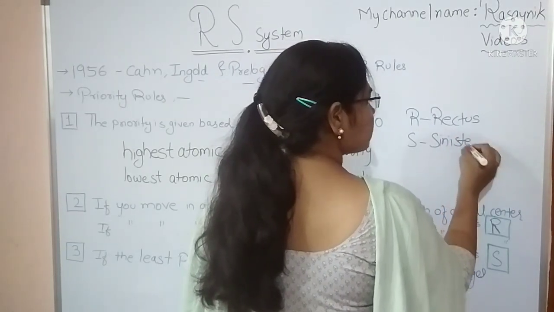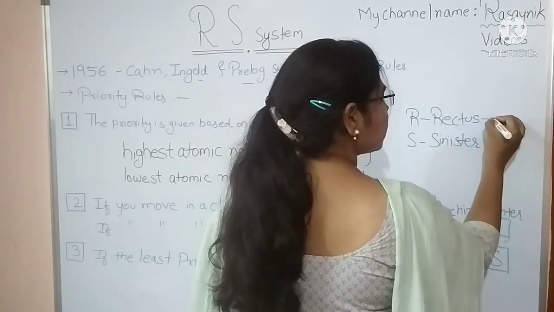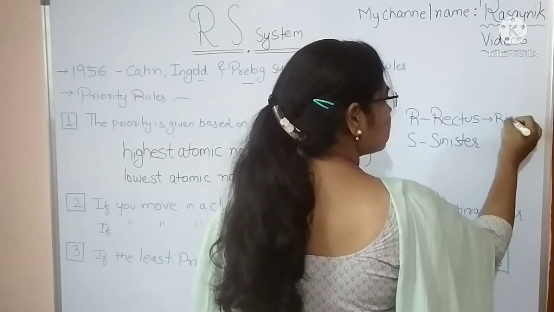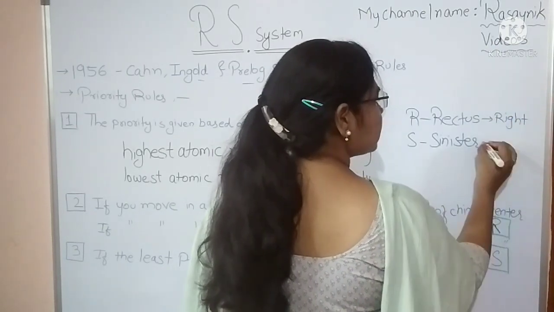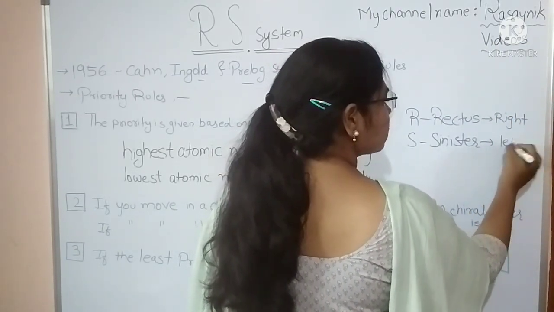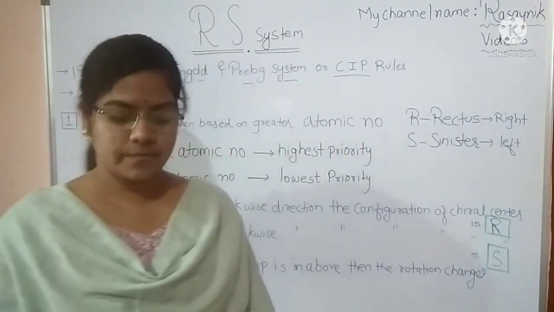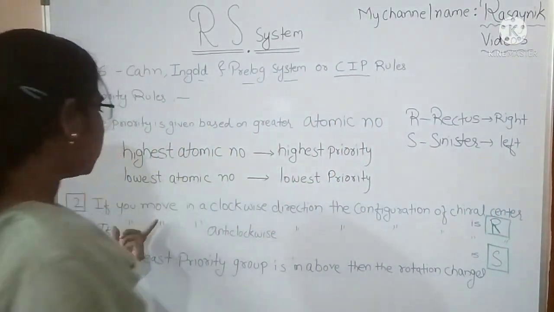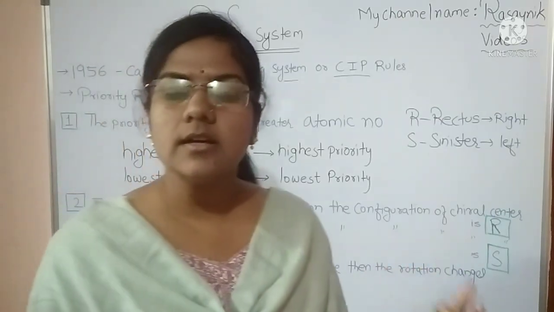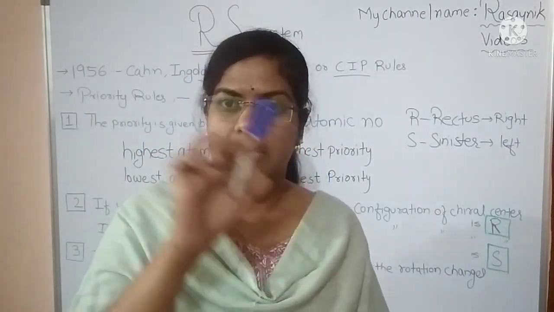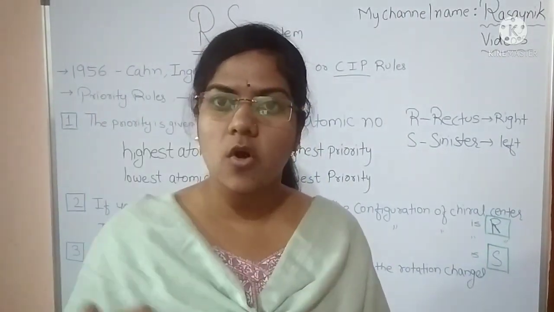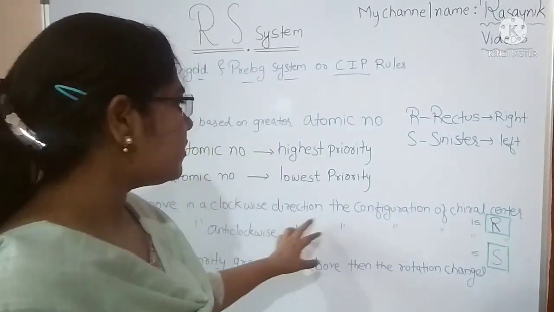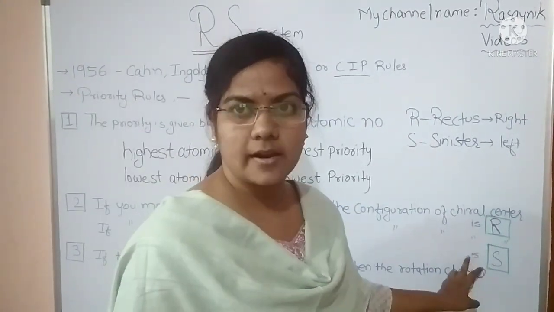Rectus means right and sinister means left. Is it clear? If you move in a clockwise direction, the configuration of the chiral center is R.